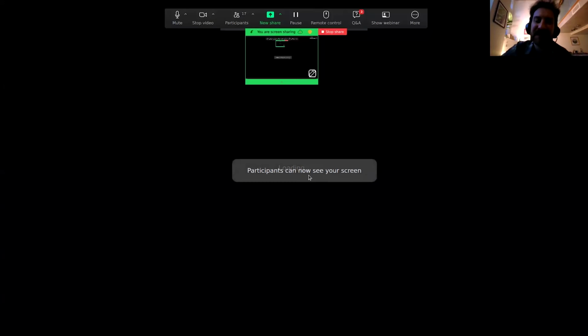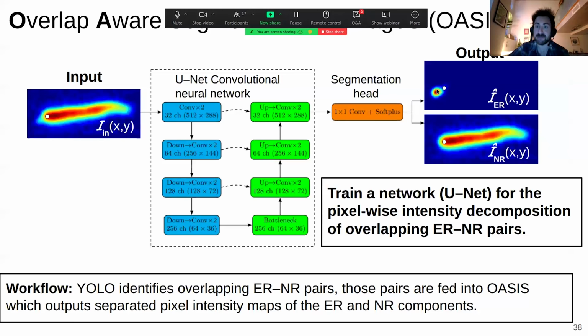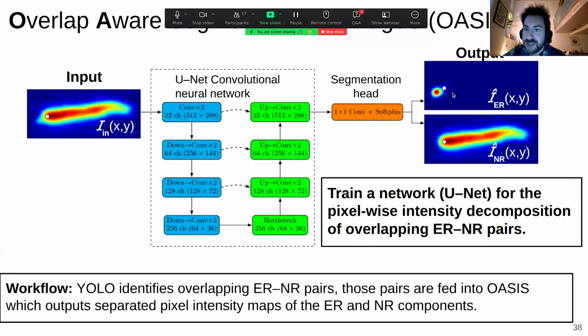So the segmentation regression function, we can ignore the denominator because it's just normalization. What we're trying to do is sum over both of our channels, the electron recoil and nuclear recoil channel, and take the absolute difference of your predicted pixel intensity in both channels to truth. By applying this region weight, you select pixels, and you can do this algorithmically by treating this as a tensor of two images.